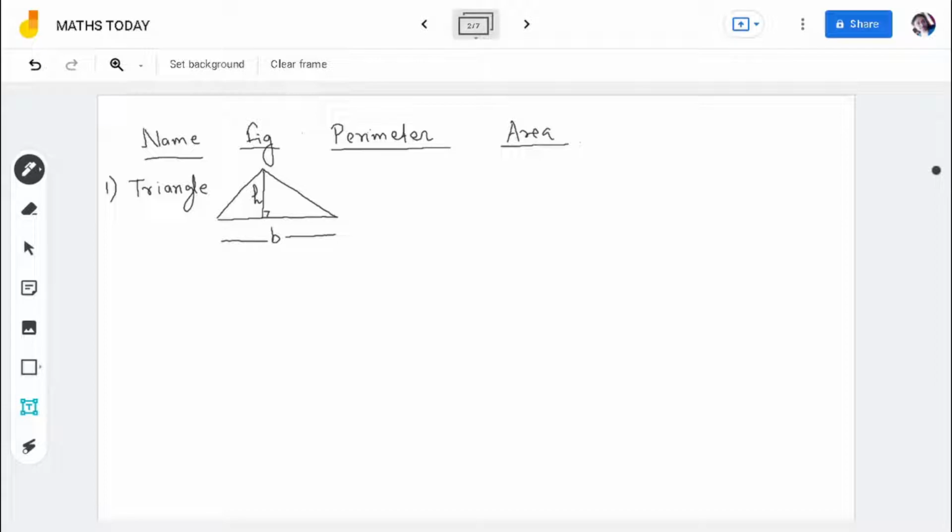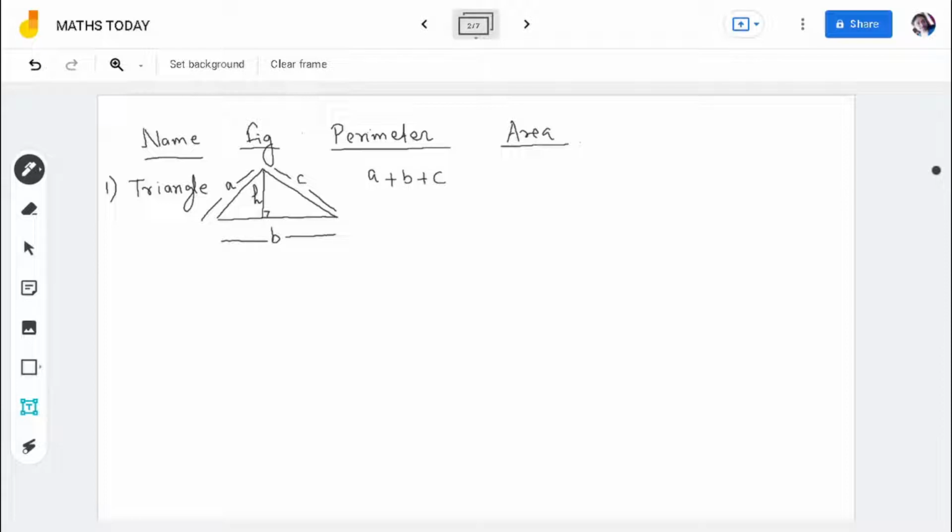If this is B, let this one be C and this one be A. Perimeter is the length of its boundary, so perimeter is A plus B plus C, simply adding all the sides of the triangle.